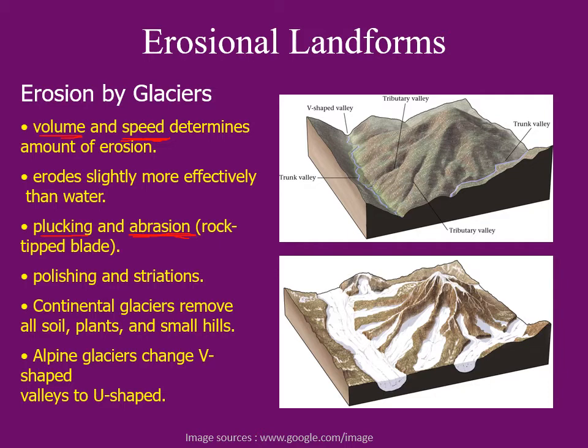And the interesting thing is that here the tools are not the glacial ice crystals, but the already eroded sediments moving within the glacial ice mass. So the rock fragments present within the moving ice mass are used as tools for scratching the country rocks. And this process is known as abrasion.